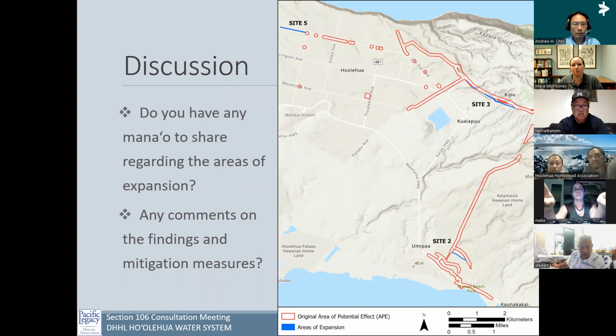Some of these are PRV stations, some are hydrants, etc. But these are within roadways. So nothing that we see going through any homestead leases. Okay.